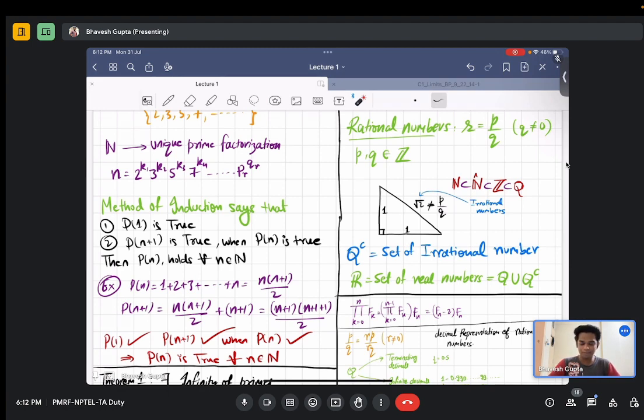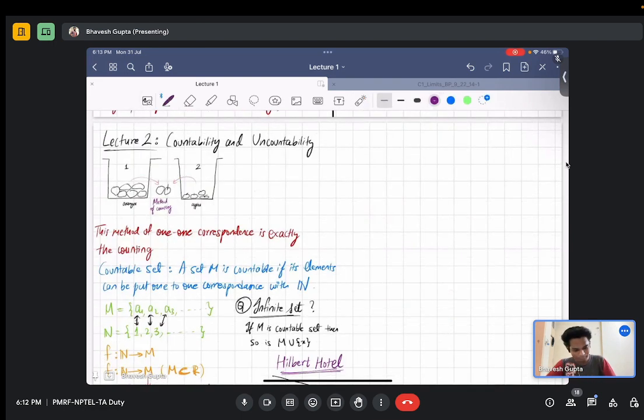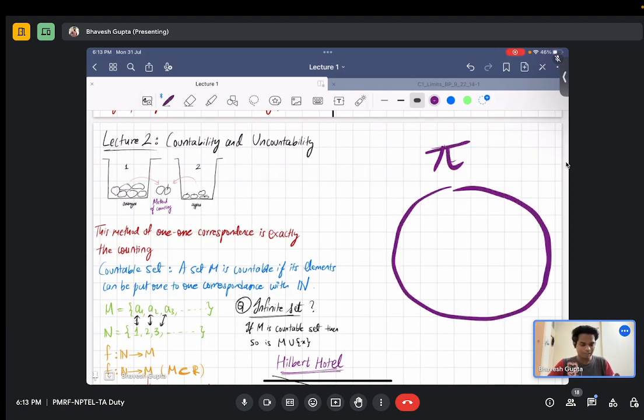So the construction of an irrational number is always a geometrical thing. For example, my personal favorite irrational number is pi. The construction of pi is done when you have a circle, and in a circle we always have the diameter and the circumference.